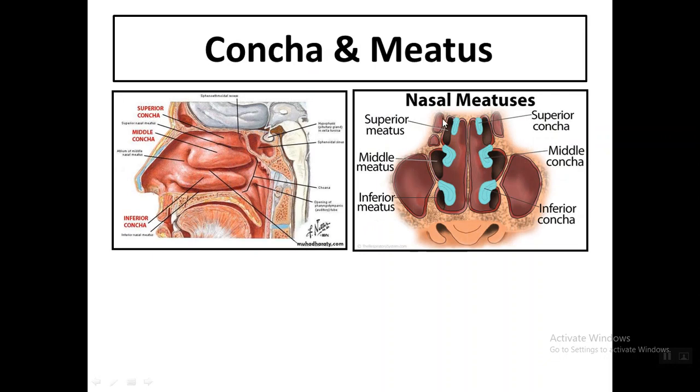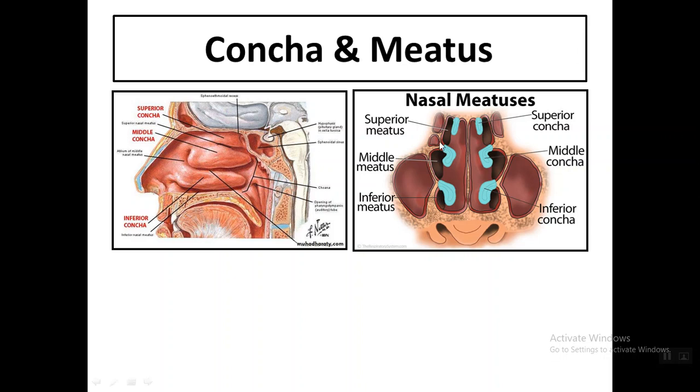So we have superior concha, middle concha, and inferior concha. And below each one we have a meatus or opening: superior meatus, middle meatus, and inferior meatus. The superior meatus will receive the opening of the posterior ethmoid air sinus.